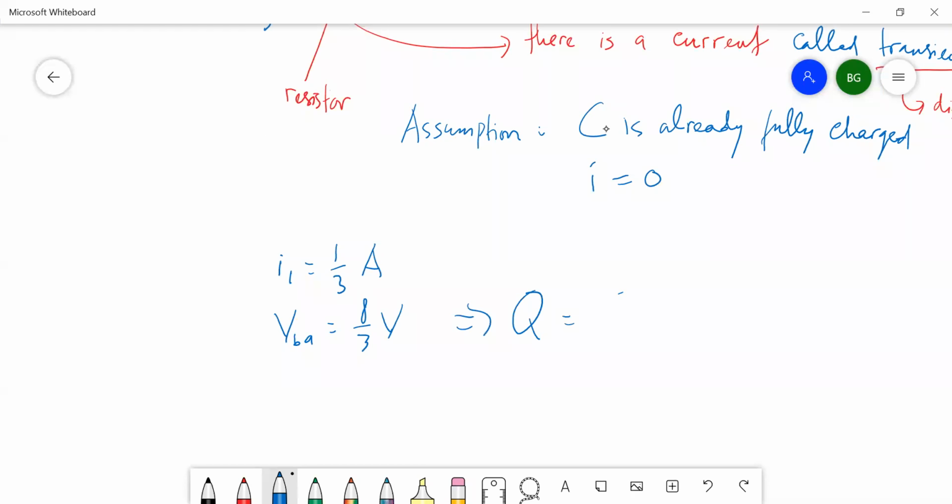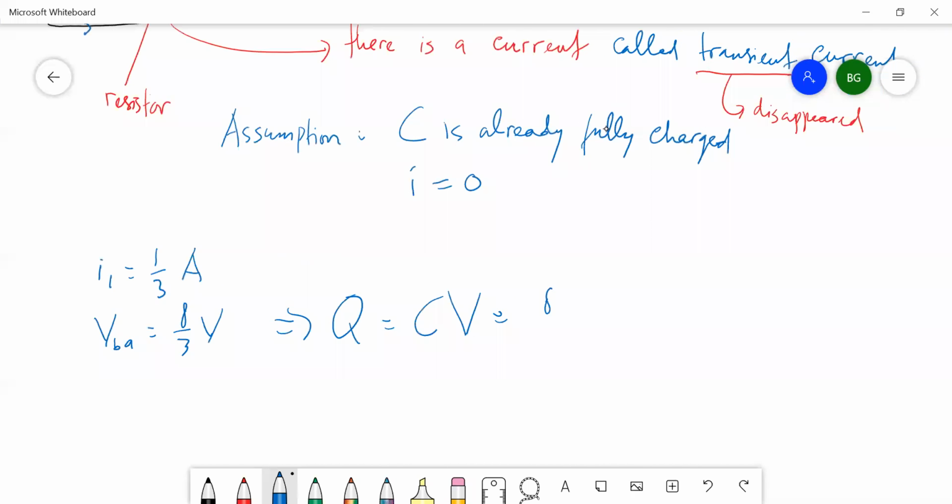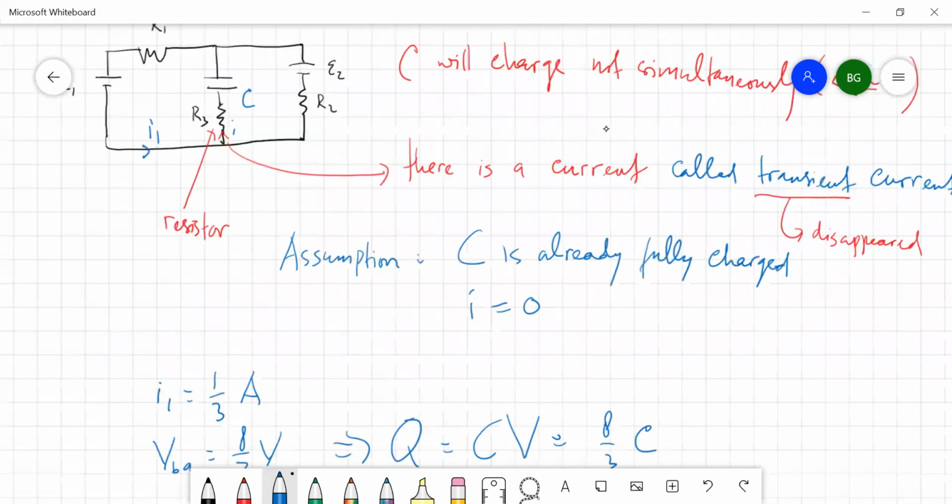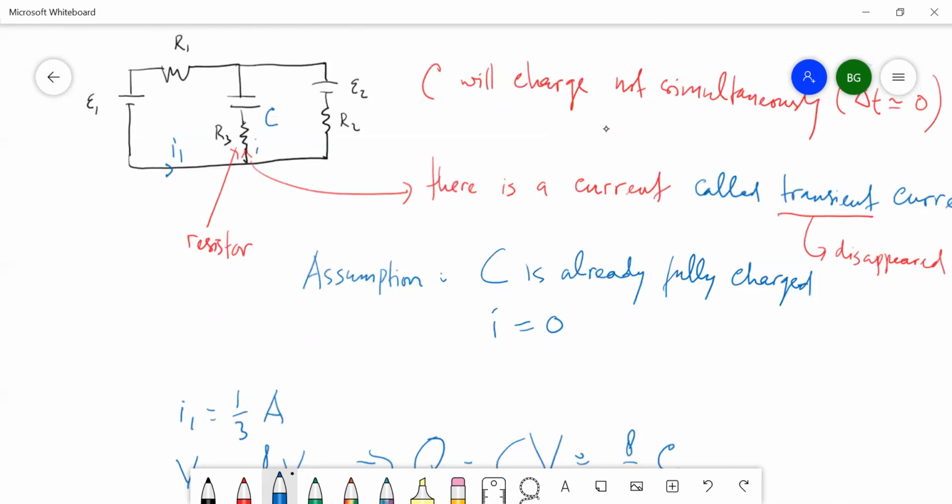The charge is also the same, coulomb. So the source of the potential difference is coming from the capacitor, because we have zero current in this part.